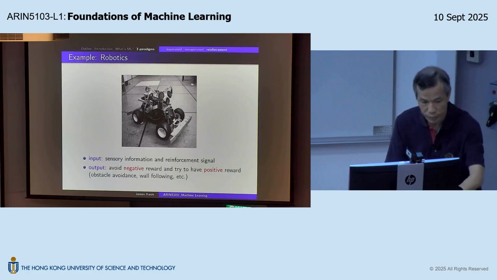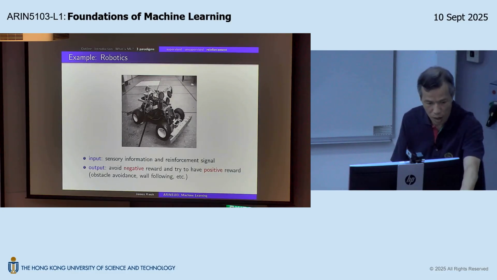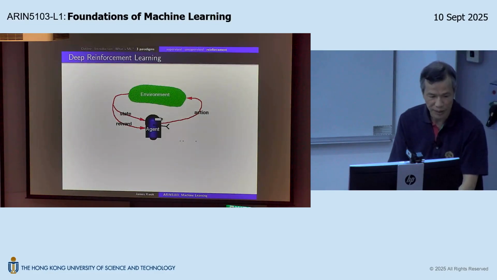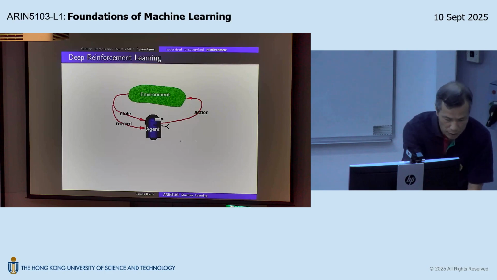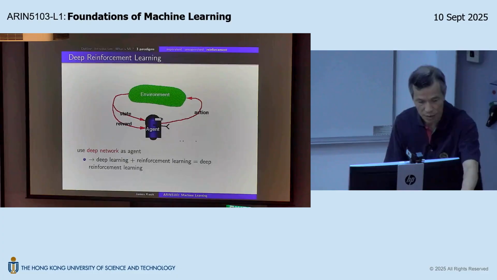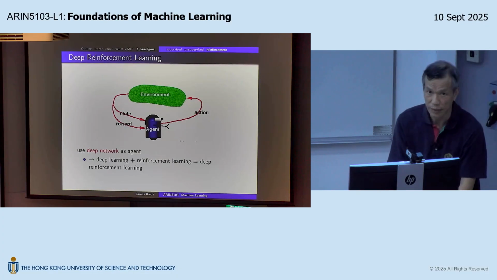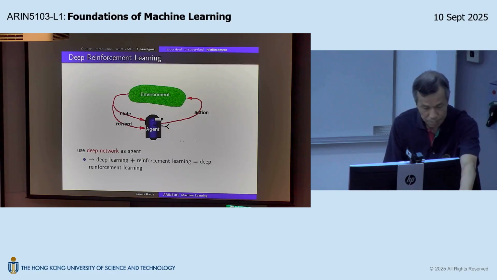Of course, even after defining the reward, you have to somehow figure out a reinforcement learning algorithm for achieving this. You can also combine reinforcement learning with deep networks. Recall that here we have this agent, and if this agent is a deep network, then you have deep reinforcement learning, which is very commonly used these days.